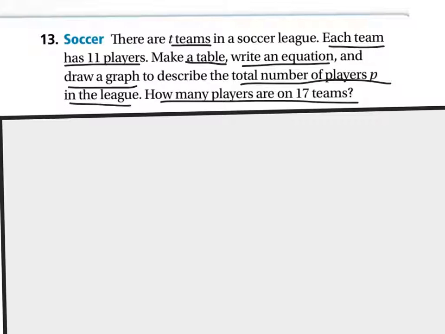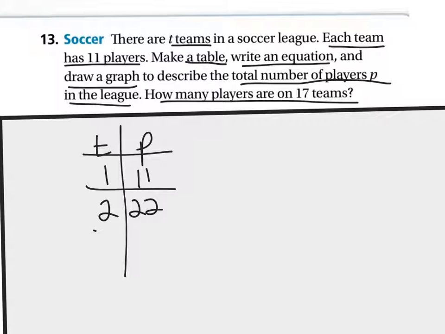So if we want to start by making a table, so we got our teams and our players. So one team would have 11 players, 2 teams would have 22 players, and so on. And if we get 3 or 4 of these, that's probably good enough. So that's our table.